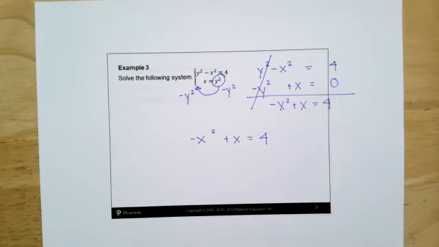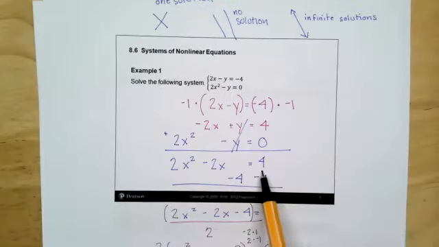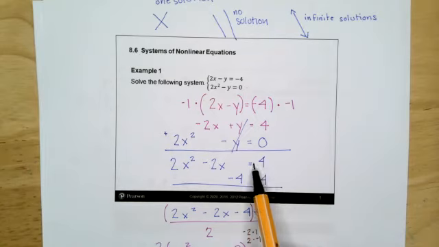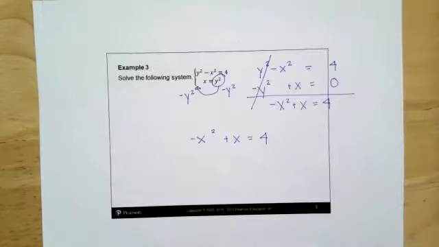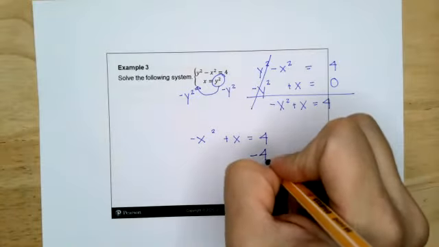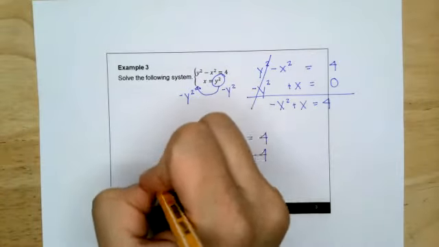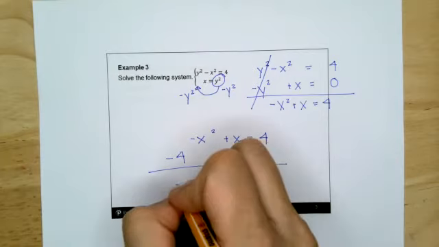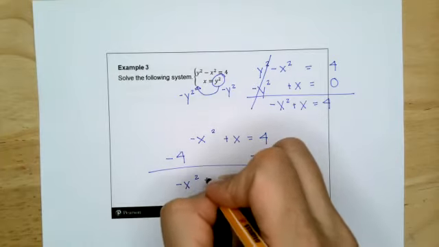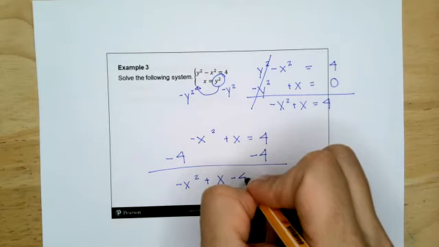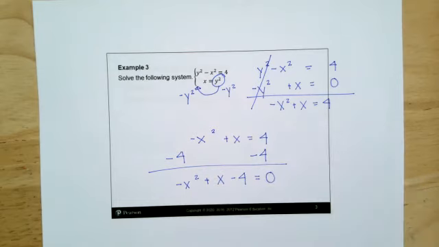So the first thing we need to do, just like we had over here, is move this constant to the left. So I'm going to subtract 4, subtract 4. Negative x squared plus x minus 4 is 0.